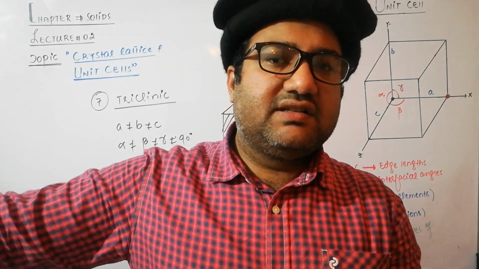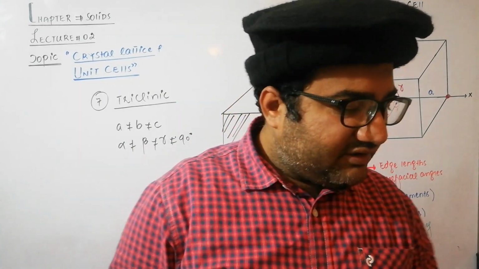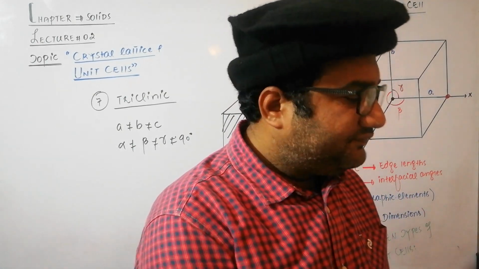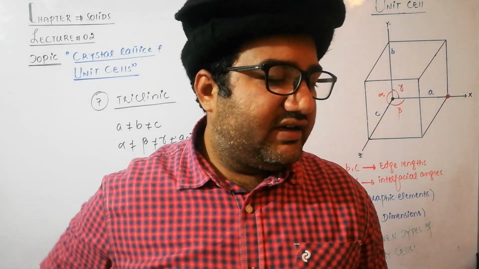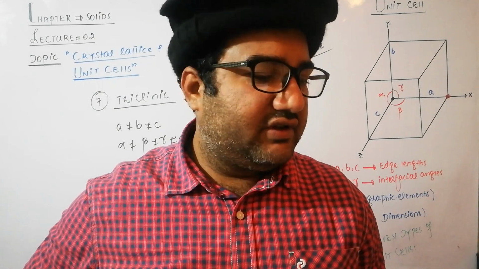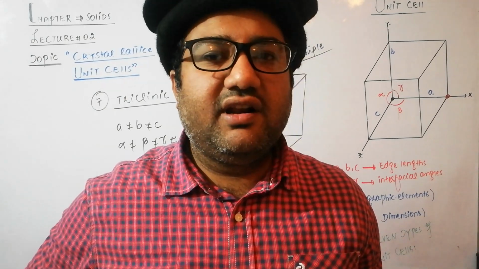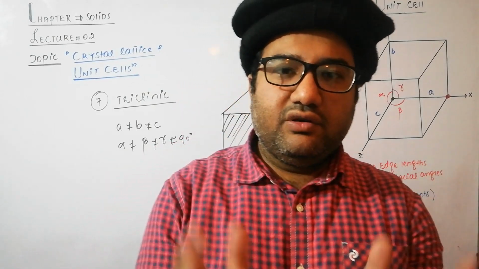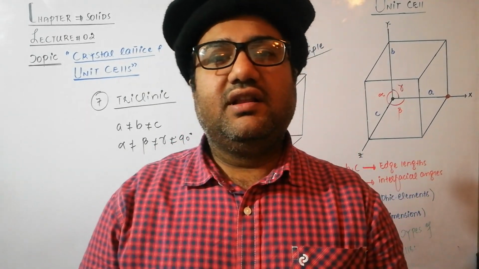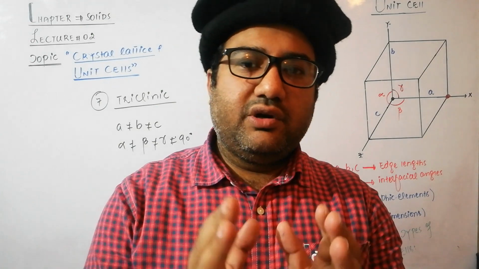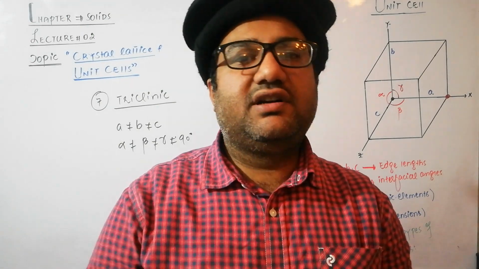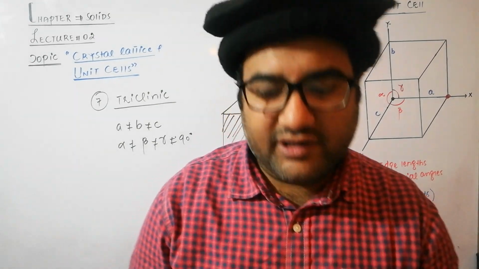So there are 3 Bravais lattices of the cube. Similarly, 2 of the tetragonal, 4 of the orthorhombic, 2 monoclinic, 1 hexagonal, 1 rhombohedral, and 1 triclinic. When you add all these, they will be 14. So total unit cells are of 7 types, and total Bravais lattices are of 14 types.